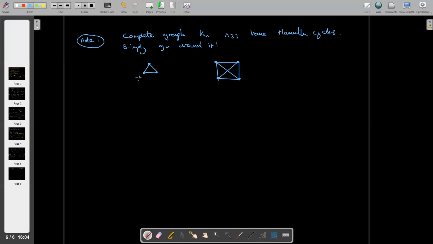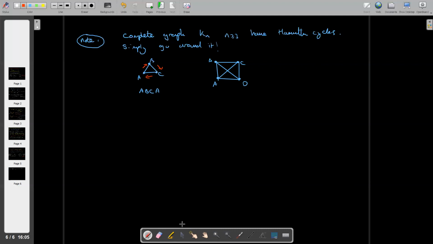If I say this is A, B, C, the Hamiltonian cycle would be A, B, C, A. That's really quite straightforward. You could just go around this way, this way, this way. I've visited every vertex once, started and finished at the same place, so I've got a Hamiltonian cycle.